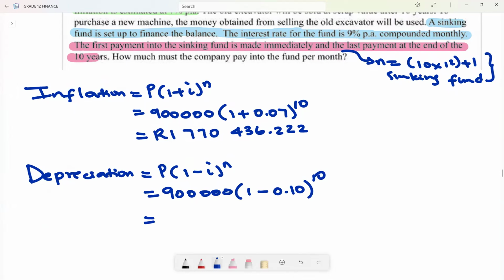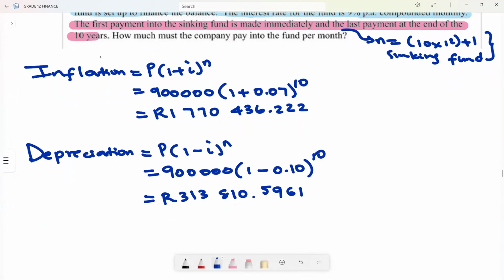Let's see how much this car depreciates to. So you're going to sell that car for 313,810.5961. I'm keeping this decimal because it is not my final answer.